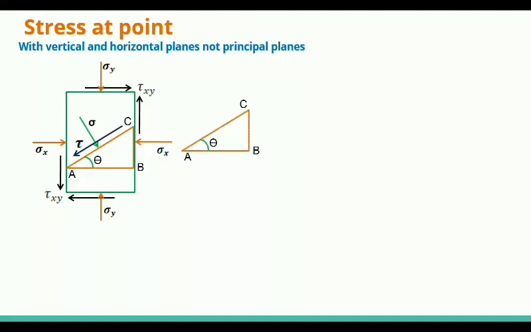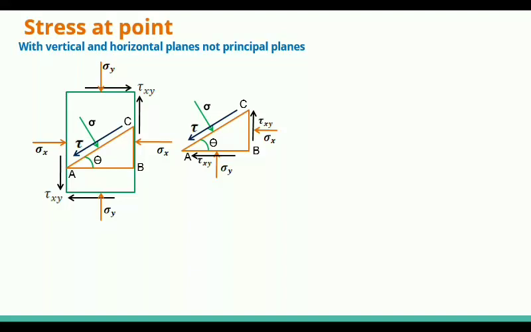So just take out this wedge ABC, and see what stresses are applied on this wedge. Mentioned in this figure, you can see the shear stress tau xy applied on both the AB and BC sides, and the normal stresses are also applied, the major principal stress and minor principal stress, that is sigma y and sigma x.